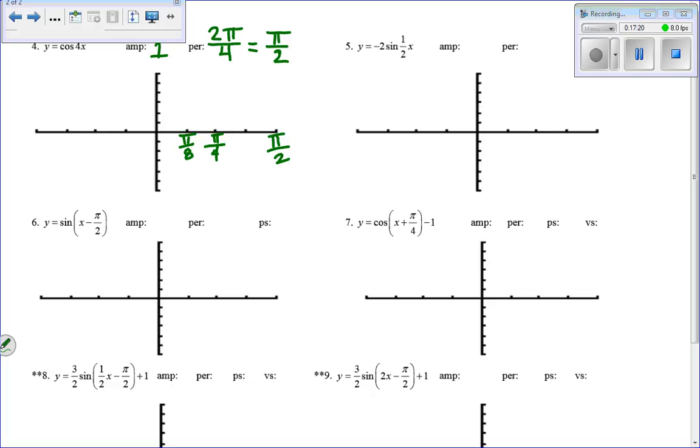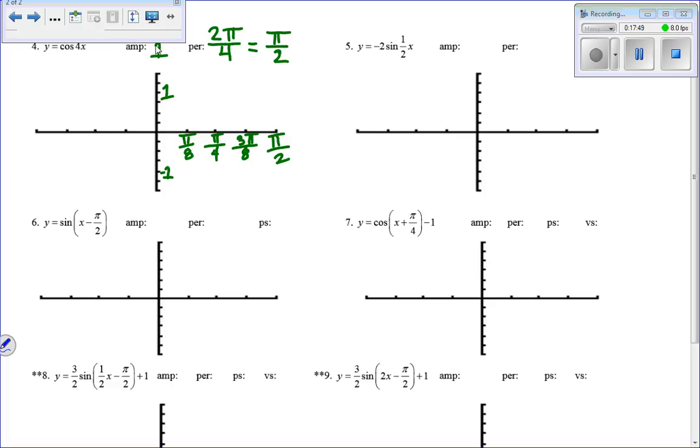So we have pi over 8, 2 pi over 8, which simplifies to pi over 4. Then we have 3 pi over 8. And your last one is 4 pi over 8, which is the equivalent of pi over 2. Okay? Now all you have to do is just put your values in the exact same spots they were. They're different values now, but they're going to look like they're in the same spot.